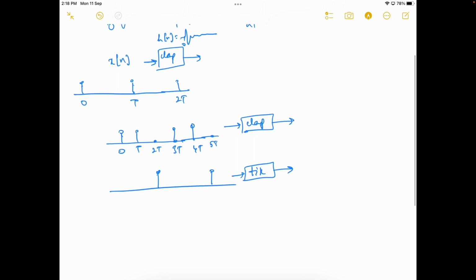So in the output I will just add them up. I get clap, clap, tick, clap, clap, tick, clap, clap, tick, that kind of sound. Very simple DSP, right? If you could do this, then you get good marks.